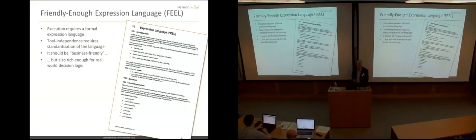DMN, in the end, invented its own, called FEEL, along with a tabular format for decision logic called boxed expressions that essentially assembles these expressions into something analogous to program statements. So both of these things, FEEL and boxed expressions, are critical, I believe, to DMN achieving its promise, and the struggle over implementing them is really central to my talk today.